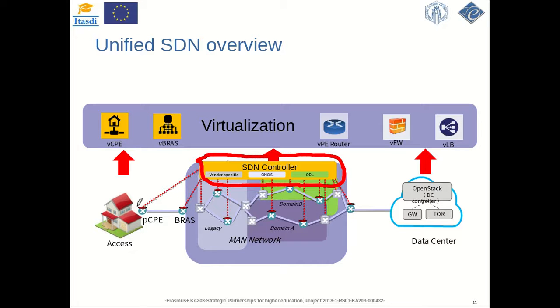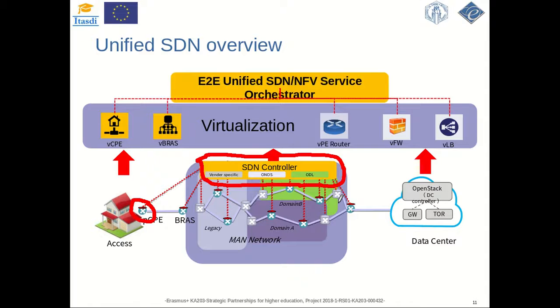Of course, we should have specialized or novel routers and switches which can be programmable and controlled from the SDN controller. Later we will mention more specific details about the SDN controllers. Also, here we can see all the players in this unified SDN overview from end to end.